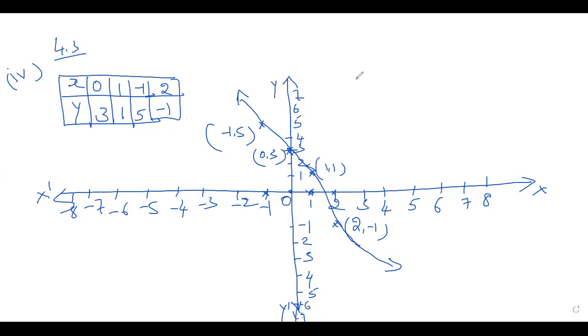We'll go to the next one. 4.3. Second question. Give the equations of two lines passing through the points. You have to write two lines. You have to write the equations, children.